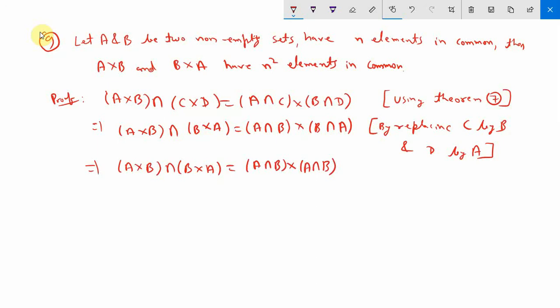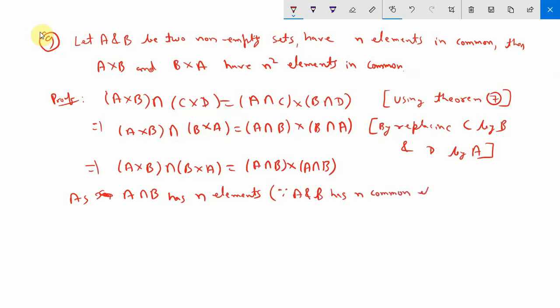So it is given A ∩ B has n elements, as A and B have n elements in common. So A ∩ B has n elements, it is because A and B have n common elements.